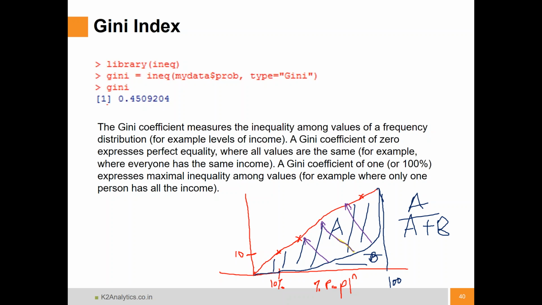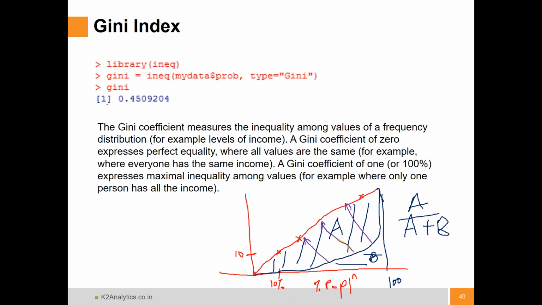In that case, 0 divided by 0 plus B will be perfect equality, and the value is 0. Perfect inequality: assume that one person, the richest person, has 100% of the wealth.